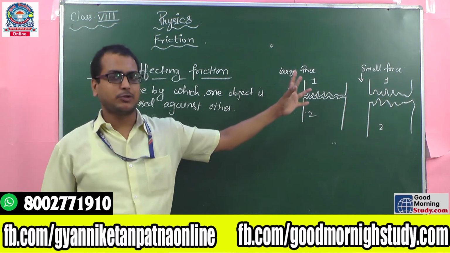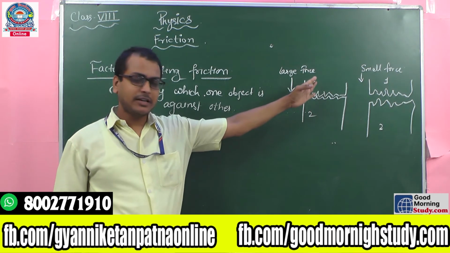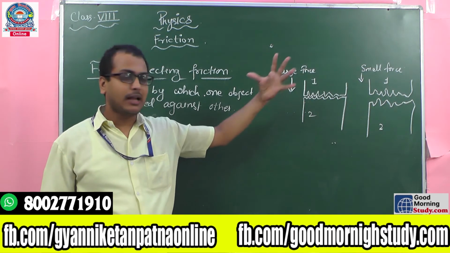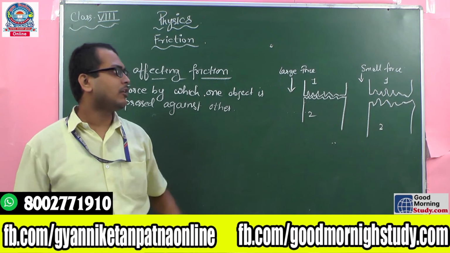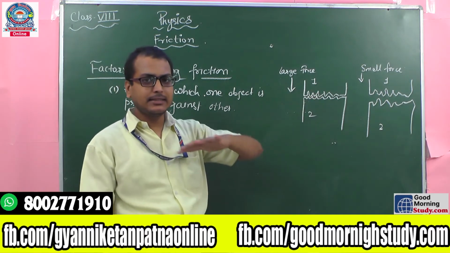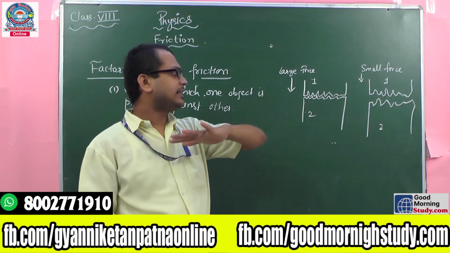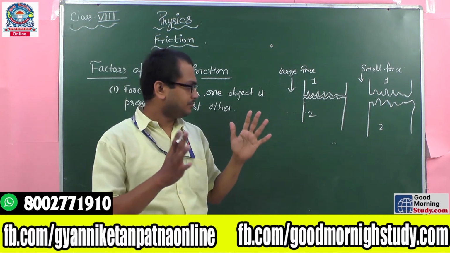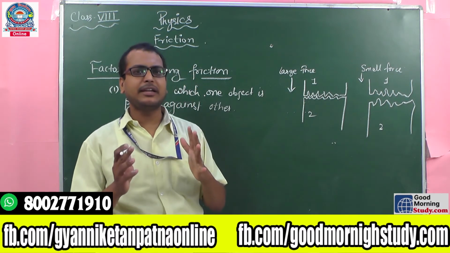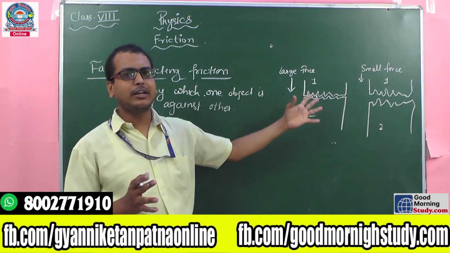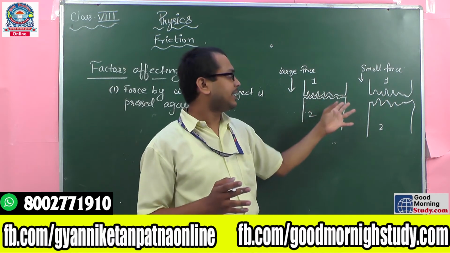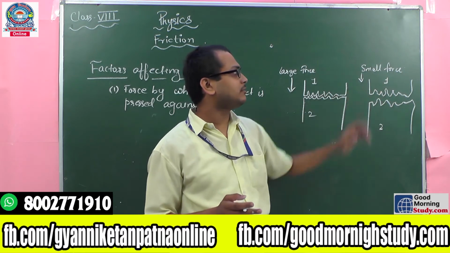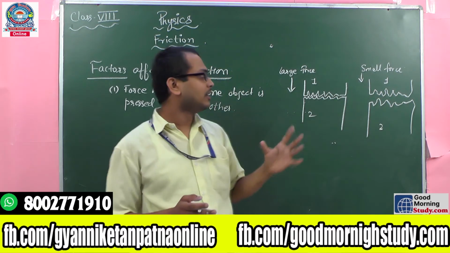In the first situation, object 1 is pressing object 2 with a larger force. Here we will observe that the irregularities are near to each other, and they will interlock. There will be more interlocking than in the second situation, when a small force is applied.